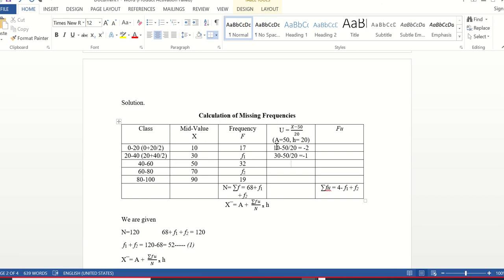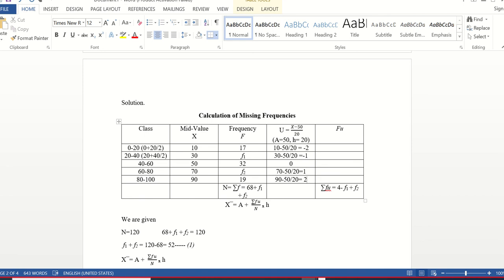Now 50 minus 50 is 0, so I'll write 0. Next is 70 minus 50 divided by 20, which is 20 by 20, which is 1. Then 90 minus 50 divided by 20: 40 by 20 is 2.